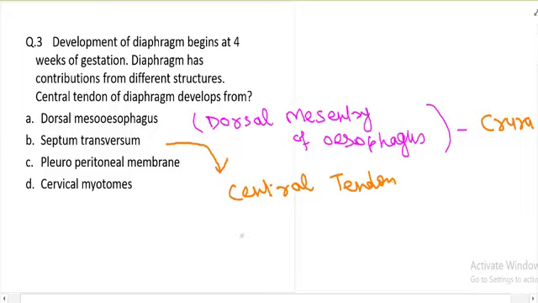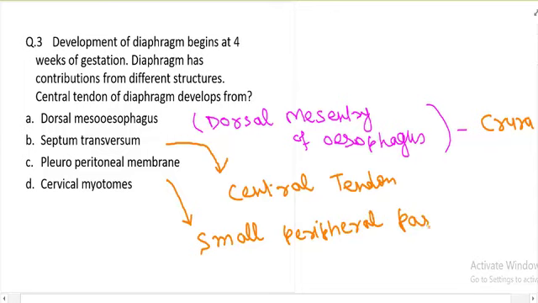Then pleuroperitoneal membrane forms small peripheral part, and cervical myotomes, that is the mesoderm of the body wall, form a large peripheral part.